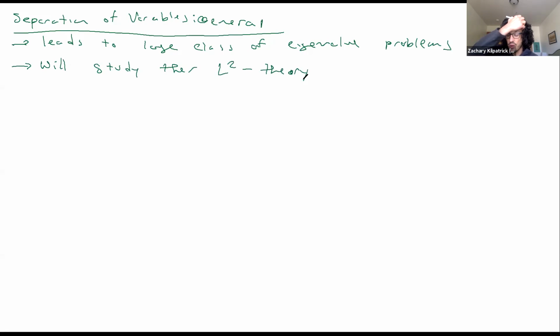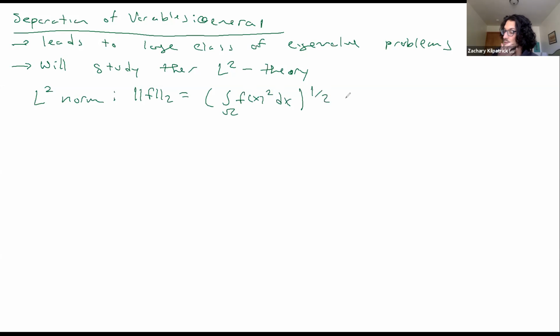And L2 theory really means how do these solutions behave with respect to the L2 norm, right? So the L2 norm of f is just going to be the square root of the integral over whatever space that function lives in, of f of x squared dx, square root, right?